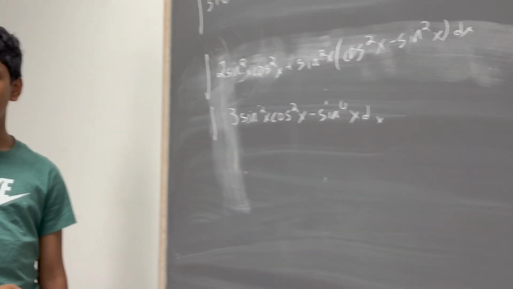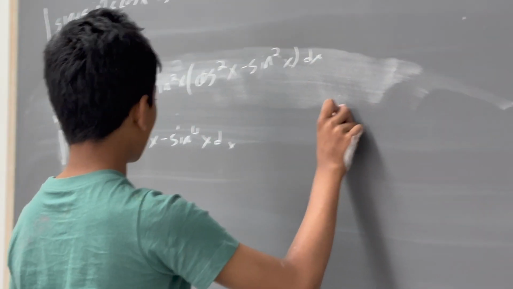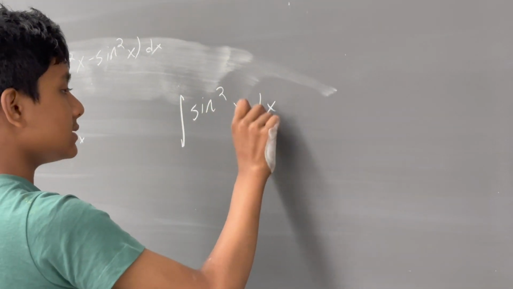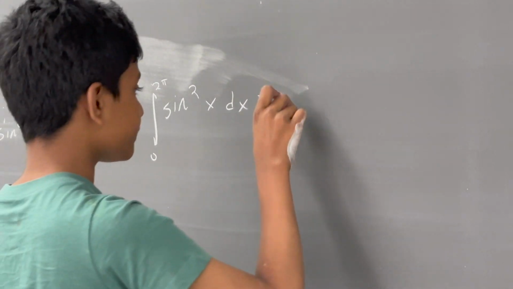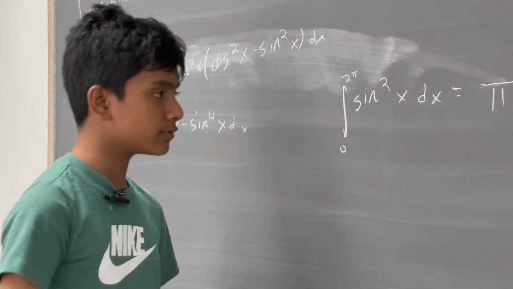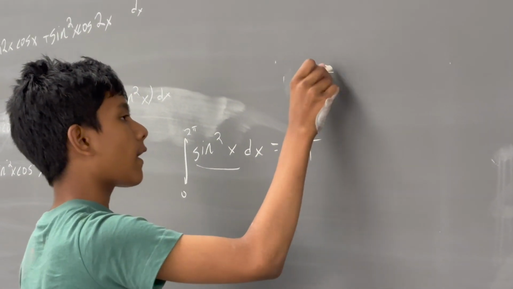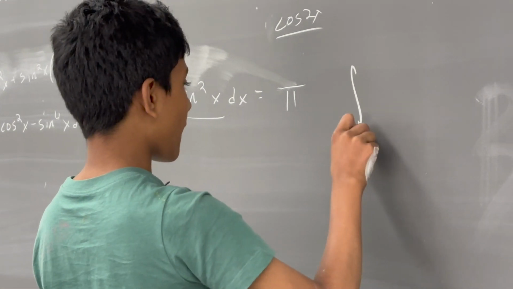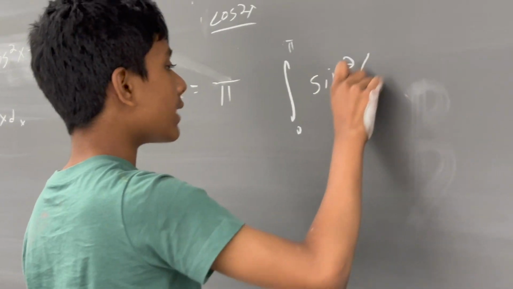Now, this is too much of an extensive proof for us to do right now, but here's the thing. You can already very easily prove that the integral of sine squared x dx from 0 to 2 pi is equal to pi. This is pretty simple to prove. All you have to do is use the identity of cosine 2x. So then you would agree with me that the same thing would apply had I used sine squared 2x instead.